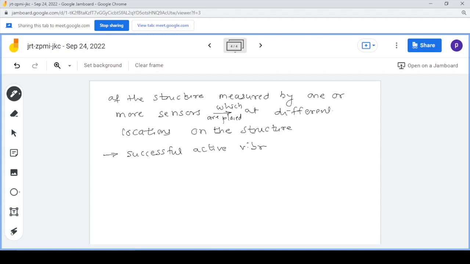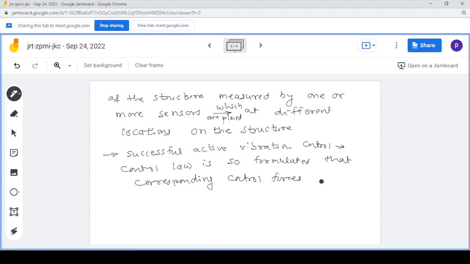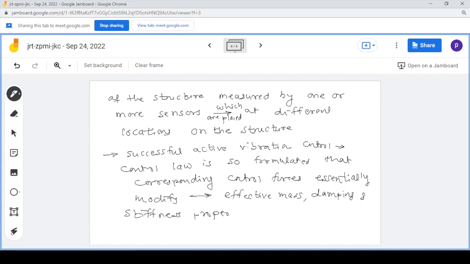For successful active vibration control, what we need to do is that the control law is so formulated that the corresponding control forces essentially modify the effective mass, damping, and stiffness properties of the essentially vibrating structure.